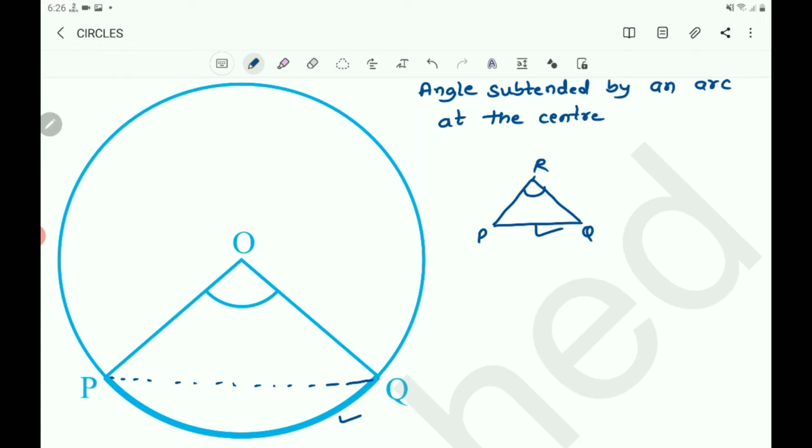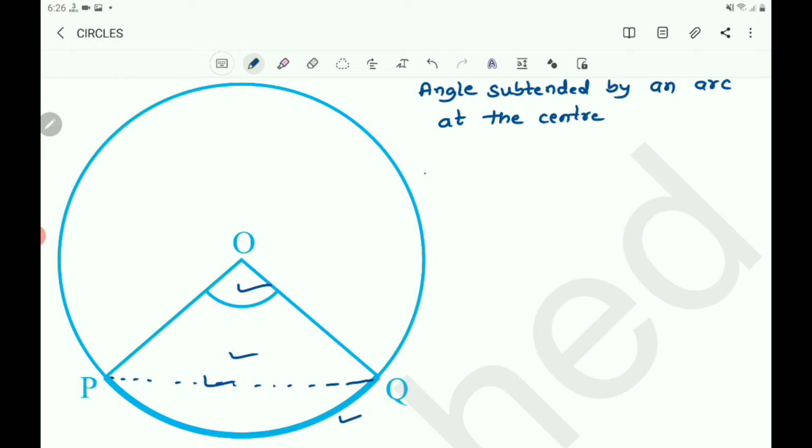Similarly, here the angle subtended by the arc is nothing but the angle subtended by the corresponding chord. Here PQ is the corresponding chord of the arc PQ, and this is the angle made by that PQ. So you can say that the angle subtended by an arc at the center is the same as the angle subtended by the corresponding chord at the center.